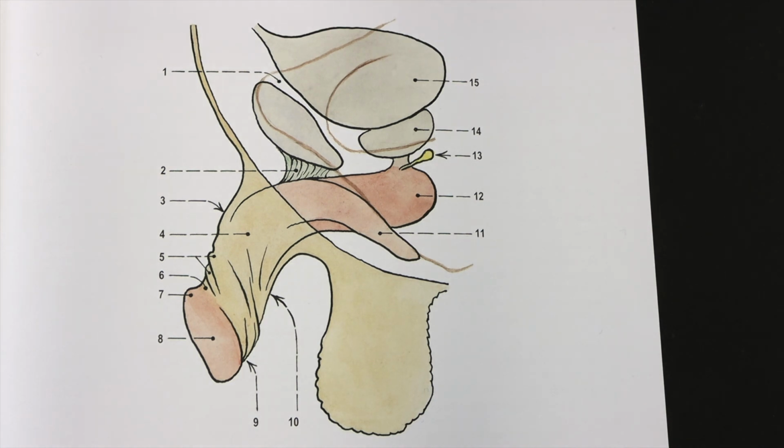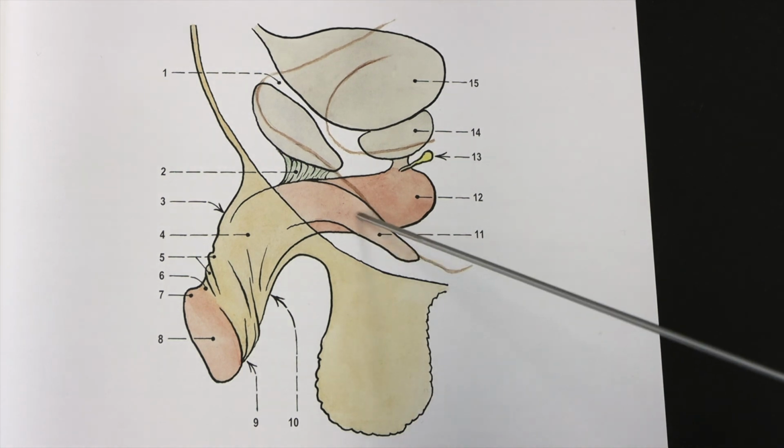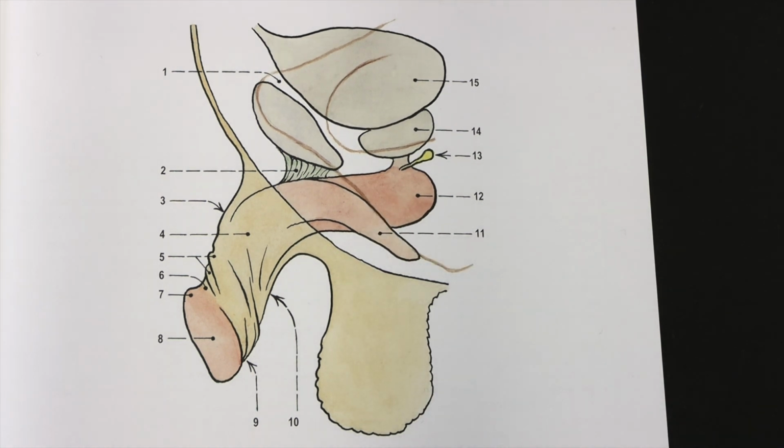After the erection, the penis becomes small because the blood goes out through the veins, and the blood empties from the cavernous spaces.